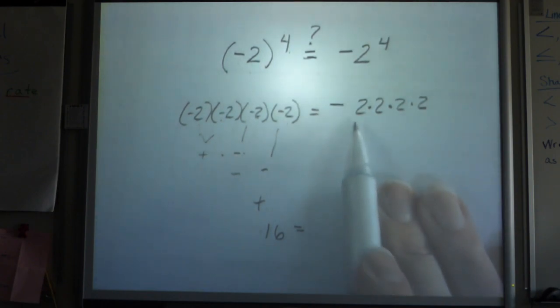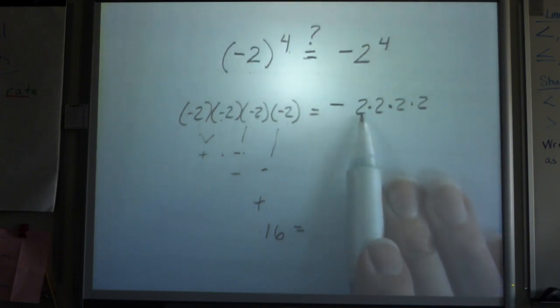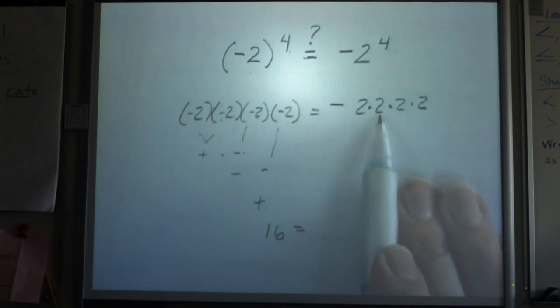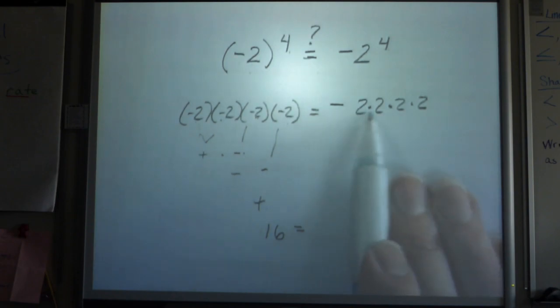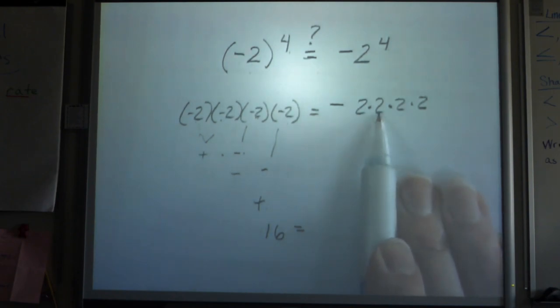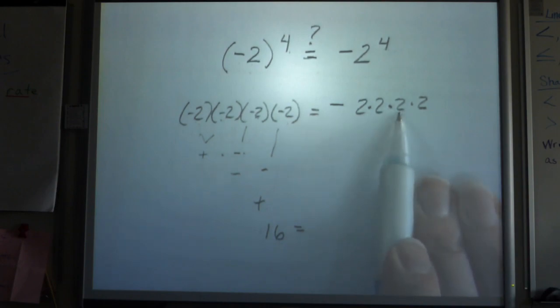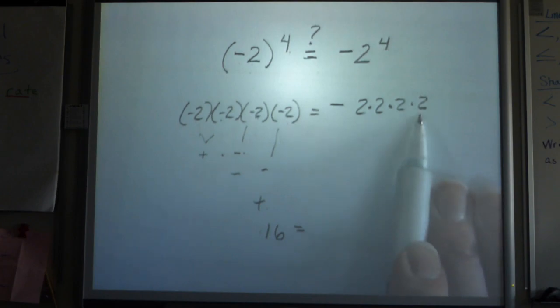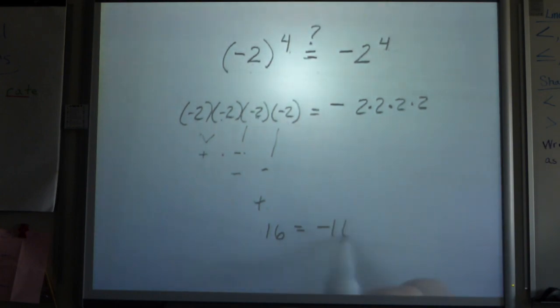On the right-hand side, we have -2 times 2. What's that? -4. -4 times +2. -8. -8 times +2. -16. And if you don't believe me, you can even ask your scientific calculator to help you out with that, okay?